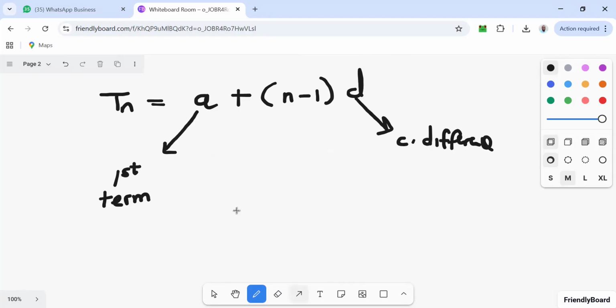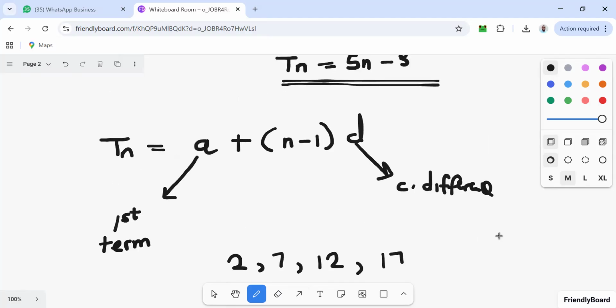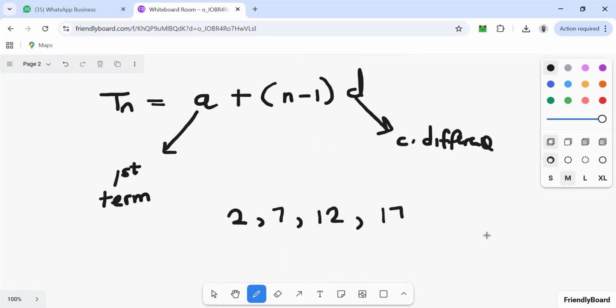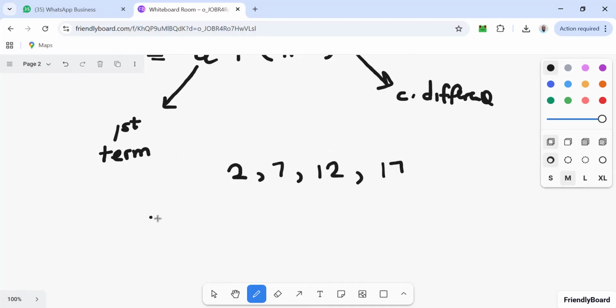So what I'm going to do now is rewrite that linear number pattern one more time, and we are going to apply this concept and see if we get the same answer. So 2, 7, 12, 17. Tn is equal to A, standing for my first term, plus, open bracket, n minus 1, times D, standing for the constant difference.